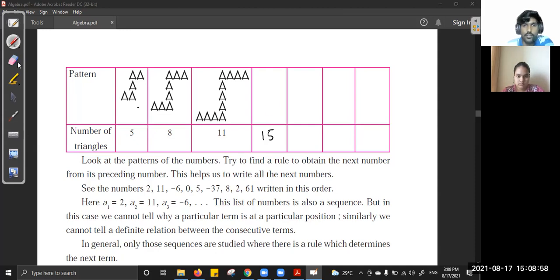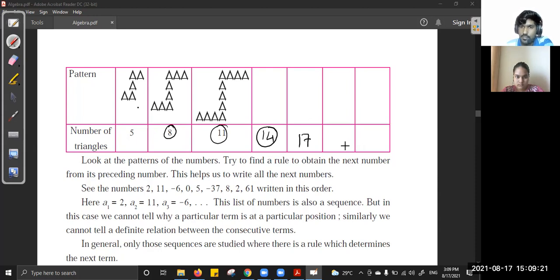Wait, this should be 14 actually. 5, 6, 7, 8, then 9, 10, 11, 12, 13, 14. Okay, it's increased. Then 15, 16, 17, and so on.